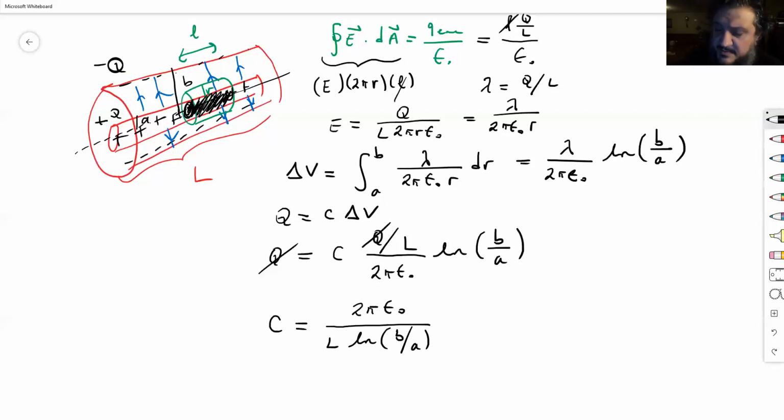Yeah, it's going to be times L. Sorry, this is times L. Apologize. So, right, we have Q over L. So L is in the denominator. When you solve for C, L is in the numerator. So greater the length, greater the capacitance of a cable.